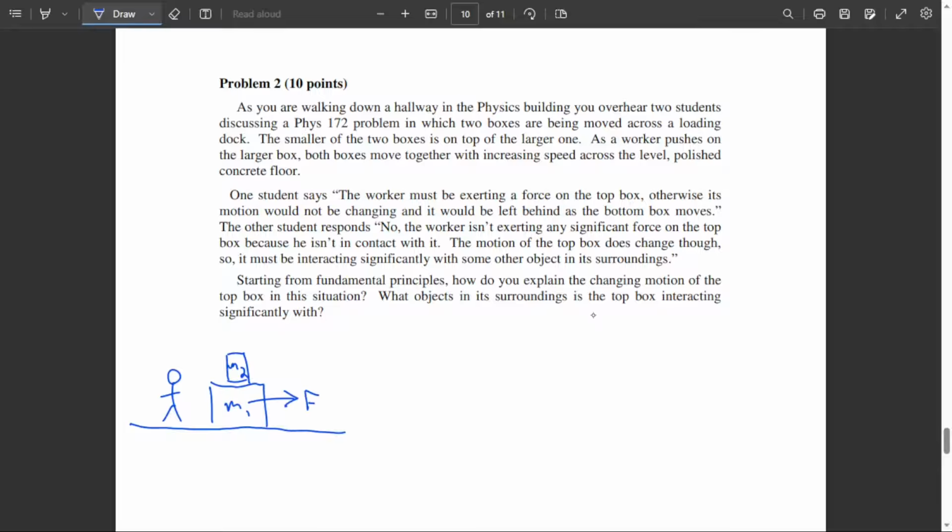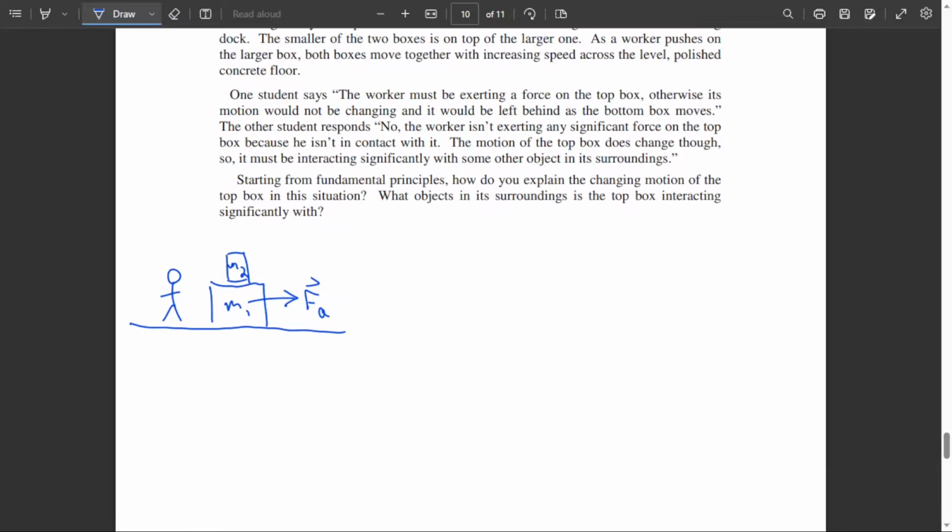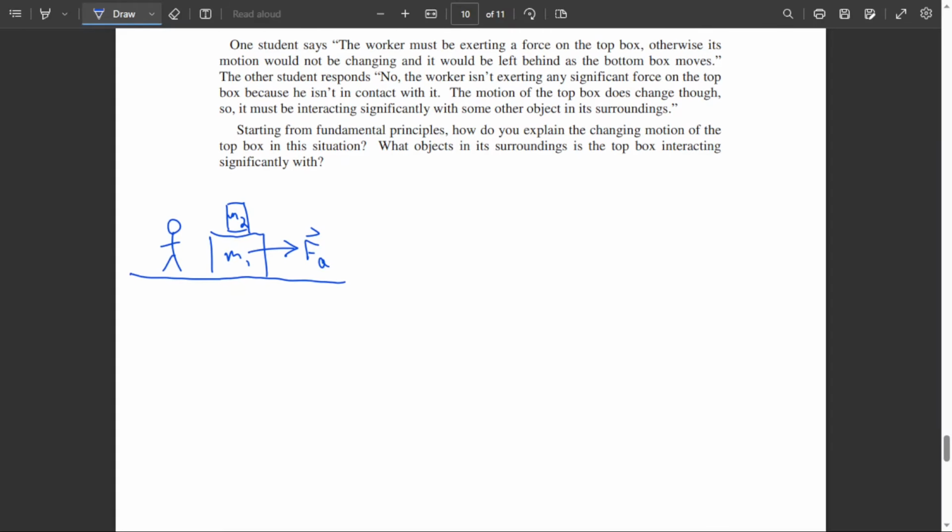We'll say force of, I don't want to use W, because that's also weight, so let's say A for applied. And then the issue is the top box is moving with the bottom box, but the worker is not touching the top box. So we need to figure out what's going on from fundamental principles.